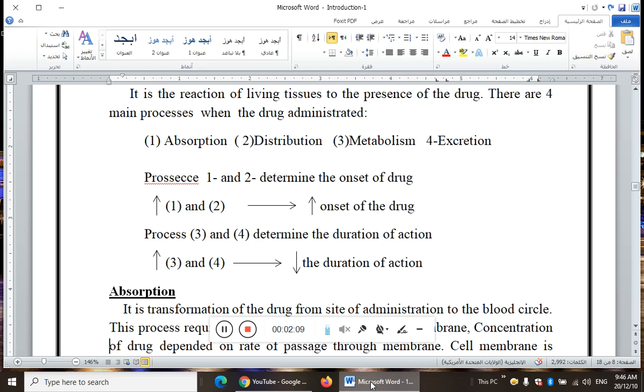Now we will begin with the first process, absorption. By the way, when we arrange these processes as absorption, distribution, metabolism, excretion, it does not mean that the distribution begins after the end of the absorption, etc. No. Really, all these processes occur at the same time after the first amount of the drug reaches the bloodstream.